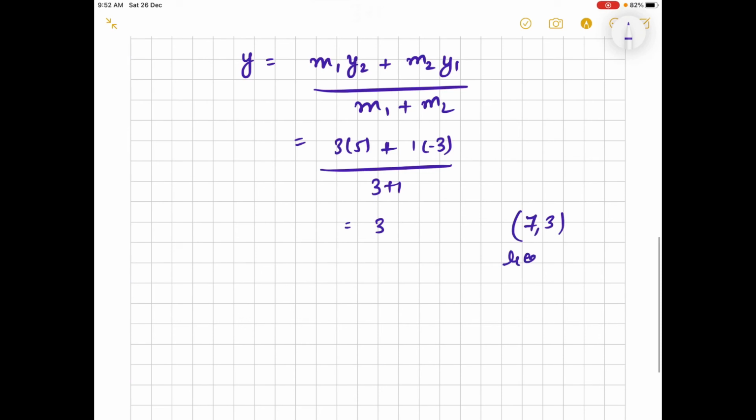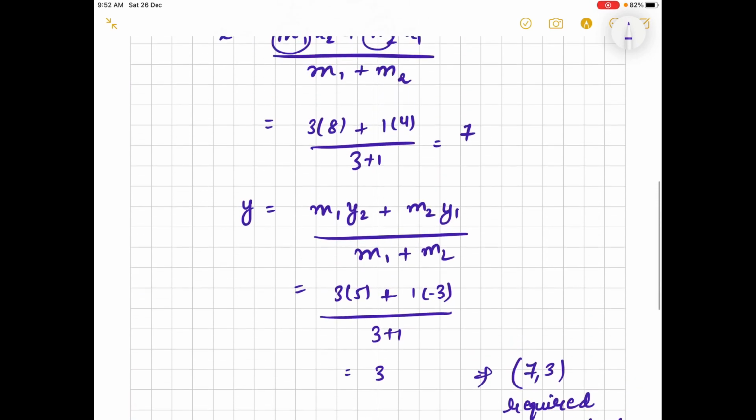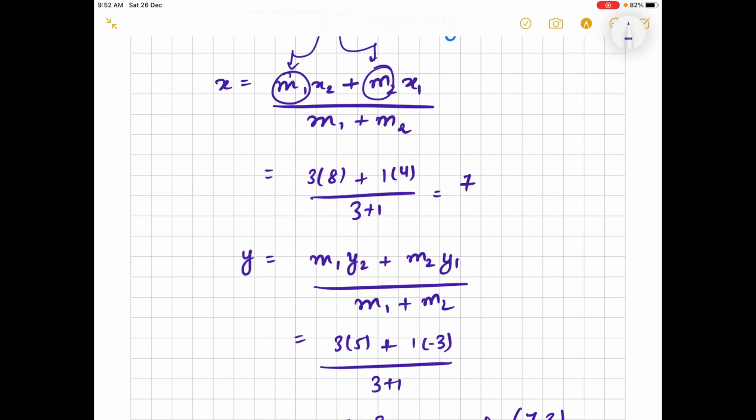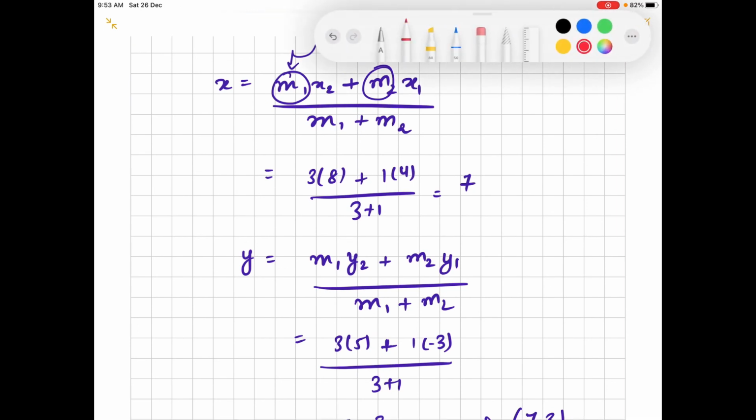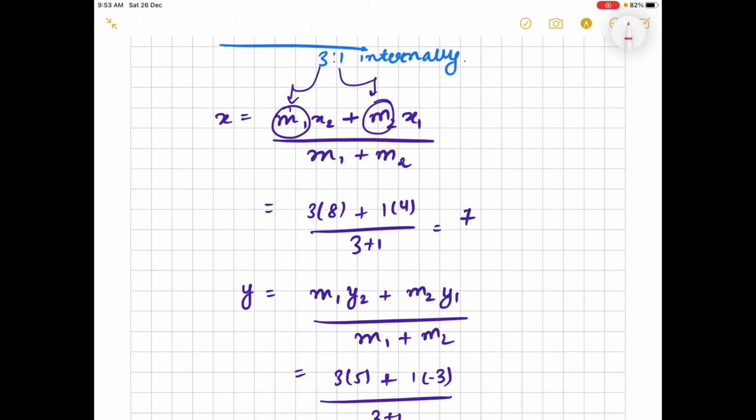So our coordinates will be 7, 3. 7, 3 is our required coordinates, dividing the line segment joining the coordinates 4, minus 3 and 8, 5. So this is the section formula to find the required coordinates, and you can see the similarity between these two formulas just by looking at them.